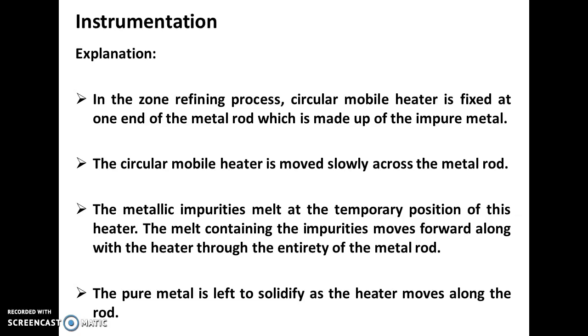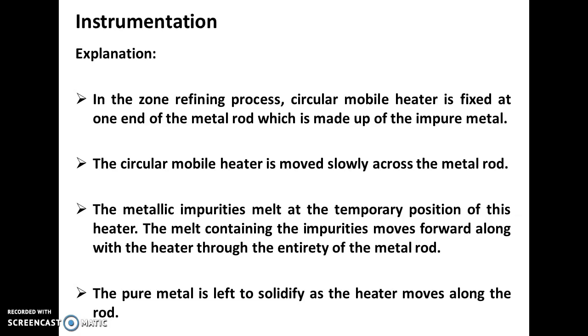It is very important to note that the circular mobile heater is fixed at one end of the metal rod. The circular mobile heater is moved slowly across the metal rod, and the metallic impurities melt at the temporary position of the heater. The melt containing the impurities moves forward along with the heater through the entire metal rod.